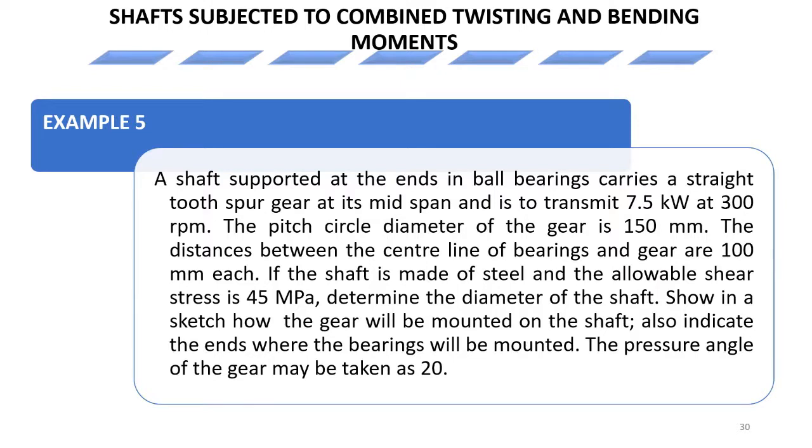If the shaft is made of steel and the allowable shear stress is 45 megapascals, determine the diameter of the shaft. Show in the sketch how the gear will be mounted on the shaft. Also indicate the ends where the bearings will be mounted.